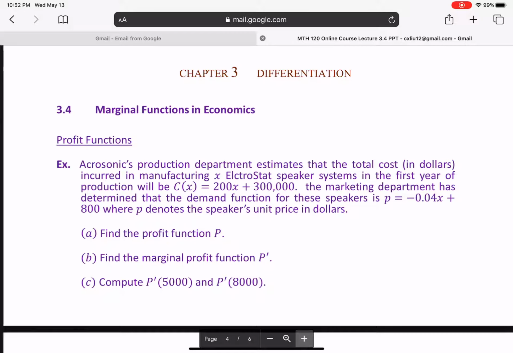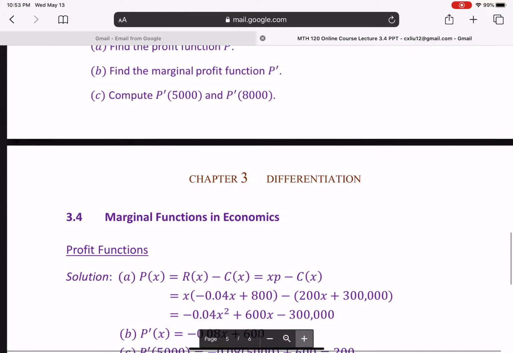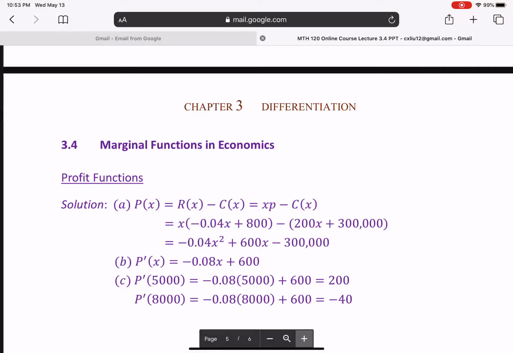So to find the profit function P, we just take the difference between the revenue and the total cost. And the revenue R is just X times P. And so we can plug in P equal to negative 0.04x plus 800 and C equal to 200x plus 300,000 in the formula P equals R minus C, which is xp minus C of x, equal to x times (negative 0.04x plus 800) minus (200x plus 300,000).